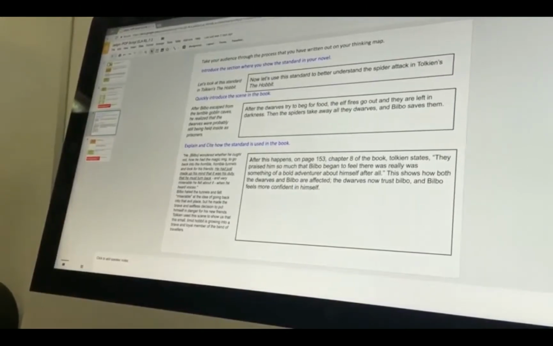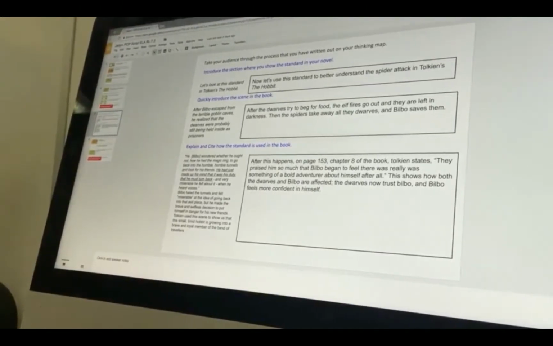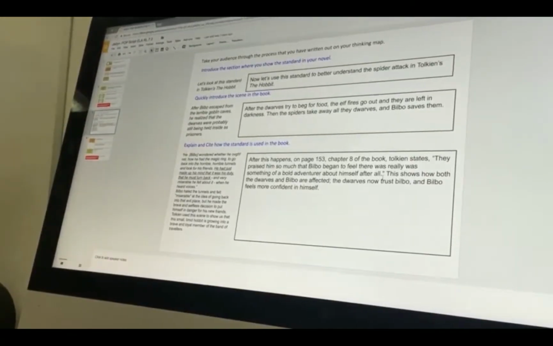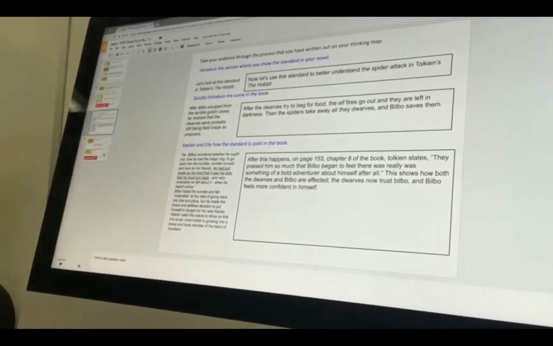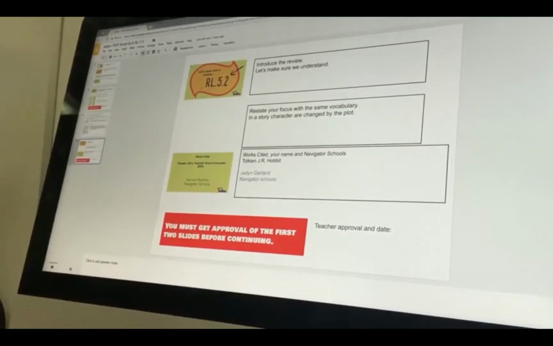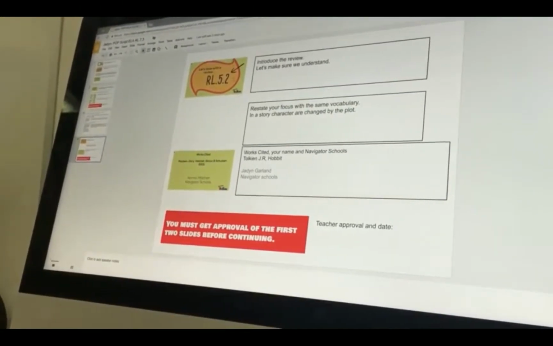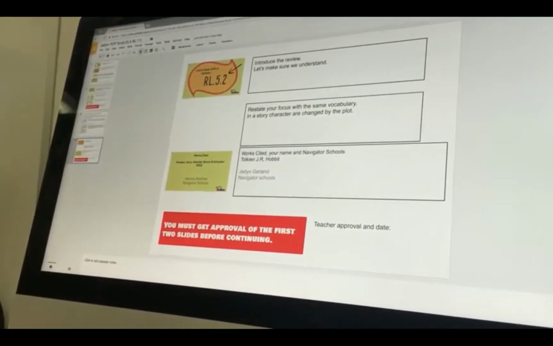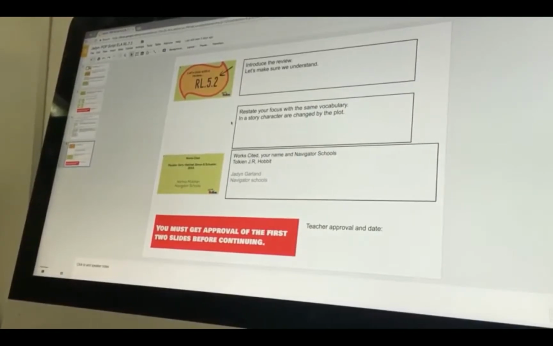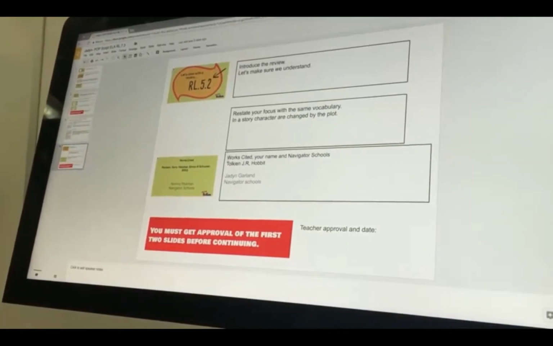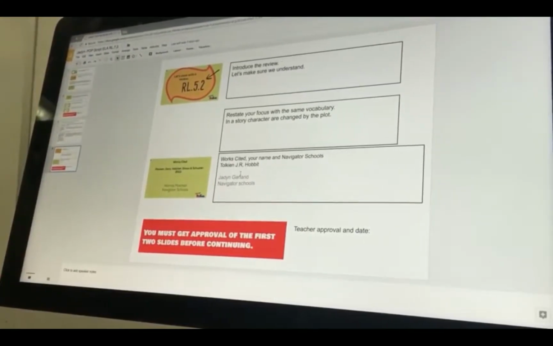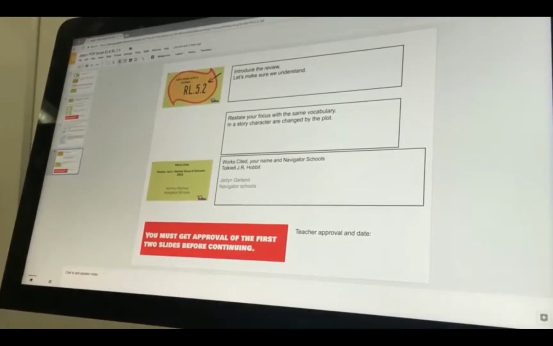And then you use a citation from the book and you explain how this pertains to the standard. And then this is a review slide where it shows that we're going to be reviewing. And then it restates the focus, which in this case is that the characters are changed by the plot, and then the works cited with your name, Navigator Schools, and the book.